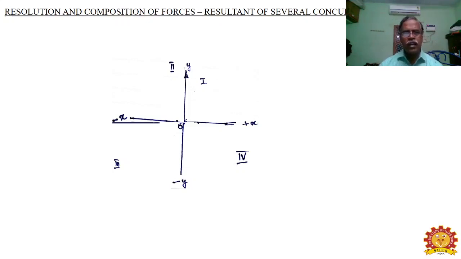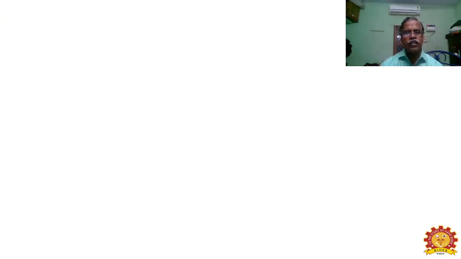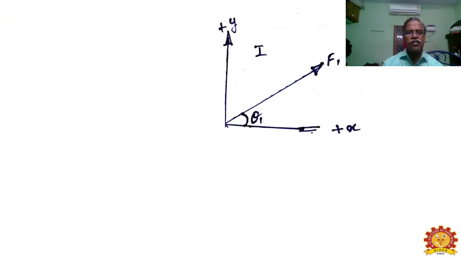So now I will consider the first quadrant, and in this first quadrant I'll consider a force acting at an angle theta 1 away from the point O. Let us see the diagram. Let us consider the force F1 acting at an angle theta 1 in the first quadrant.